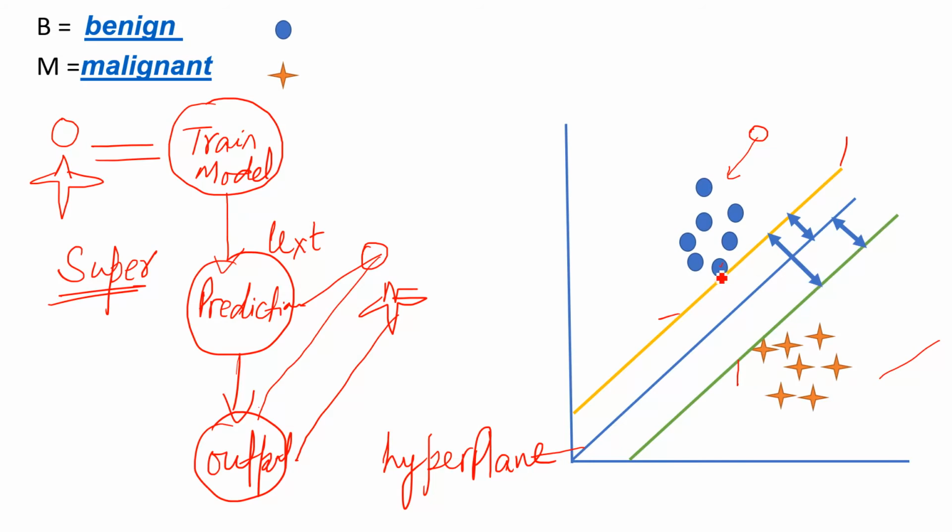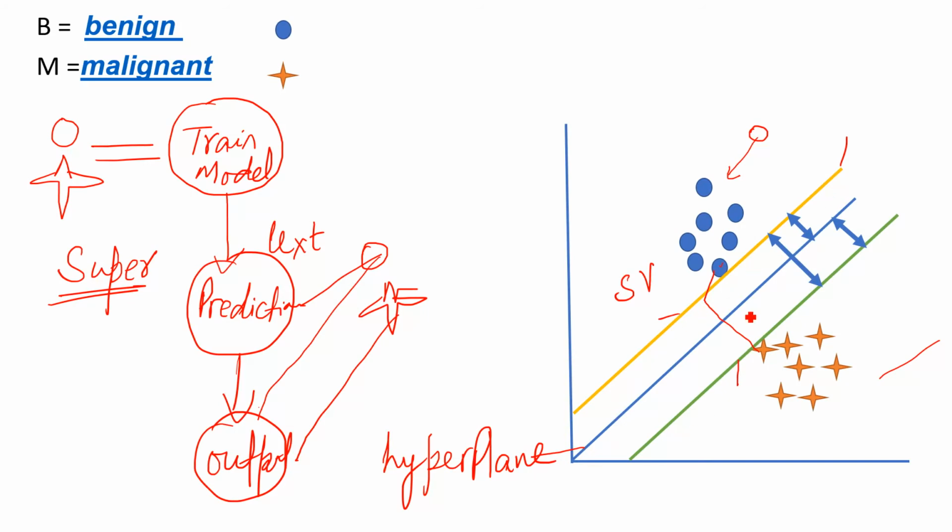So this cell and this cell, because on the basis of these two cells we have made these lines, are called the support vectors. These two are called the support vectors because with the help of these two cells we are able to draw these lines.